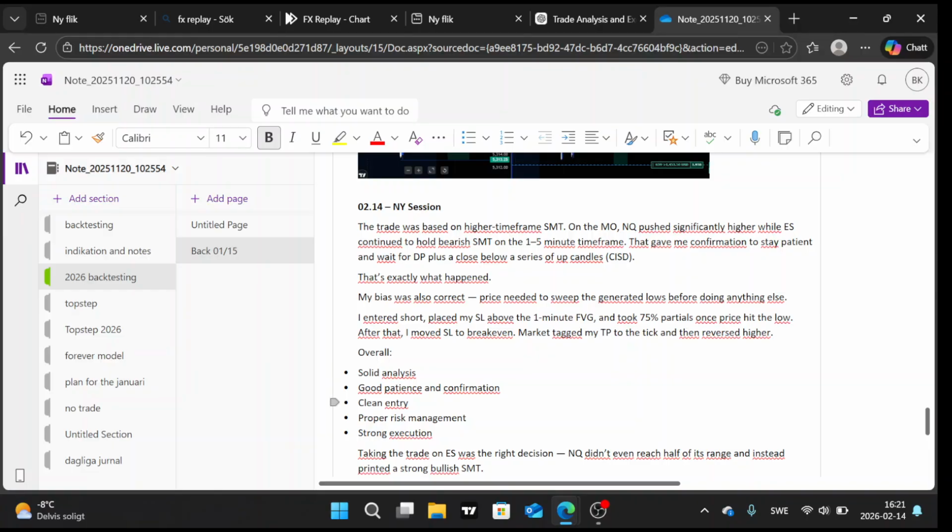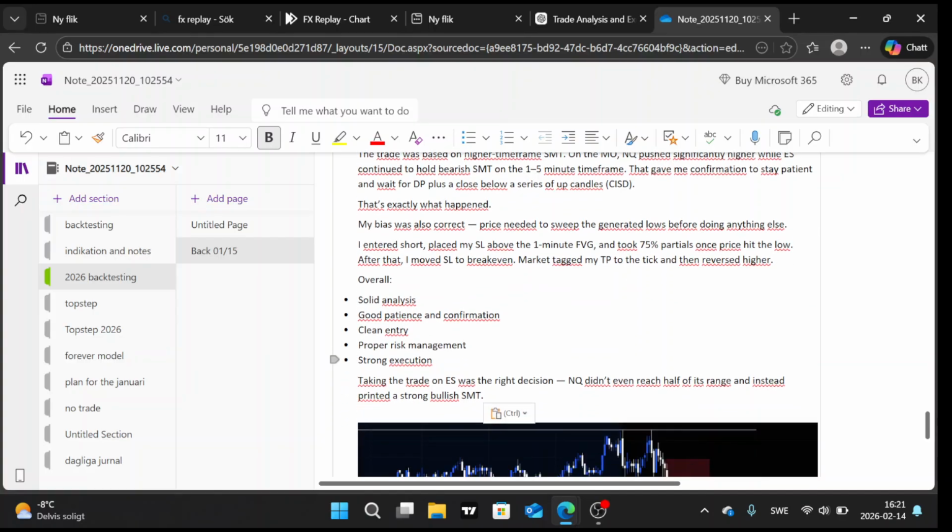Overall, solid analysis, good patience and confirmation, clean entry, proper risk management, strong execution. And last but not least, ladies and gentlemen, taking the trade on ES was the right decision. Why? Because NQ didn't even reach half of its range.